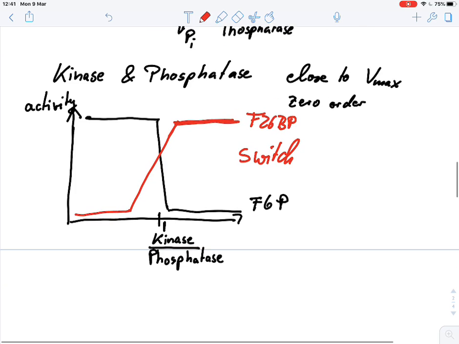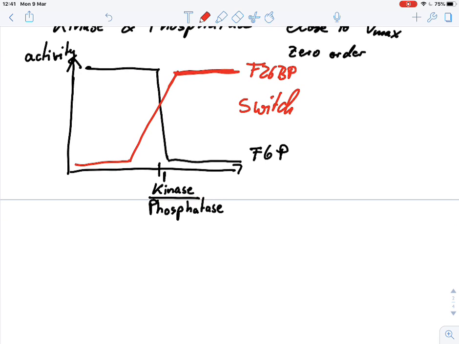Because we are at zero order, this is called zero order. And because the system is incredibly sensitive, you just need a tiny little change in the ratio of kinase to phosphatase to get this switch done. It's called zero order ultrasensitivity. Does that make sense?